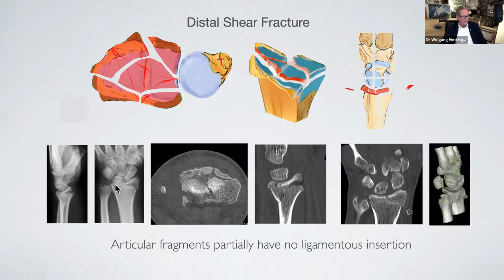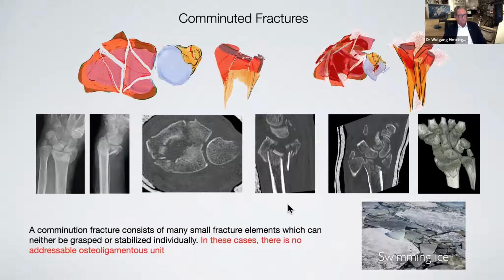They are very distally located fractures, and it's very hard to reduce them and to catch them. And then the comminuted fractures, you know them all, consist of many small fracture elements which can hardly be grasped or stabilized. In these cases, there is no addressable osteoligamentous unit.